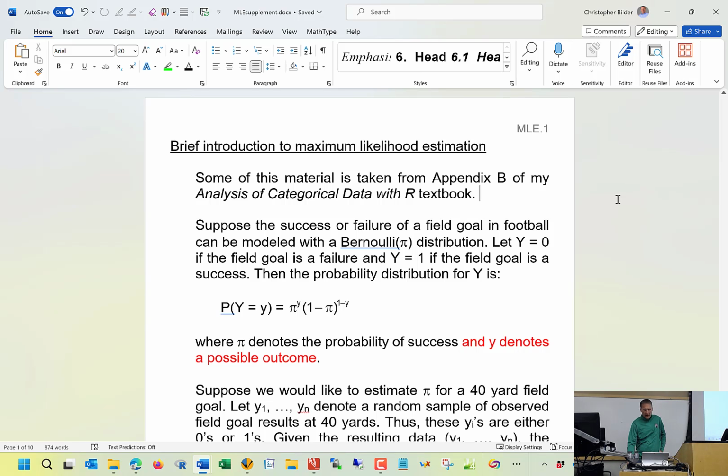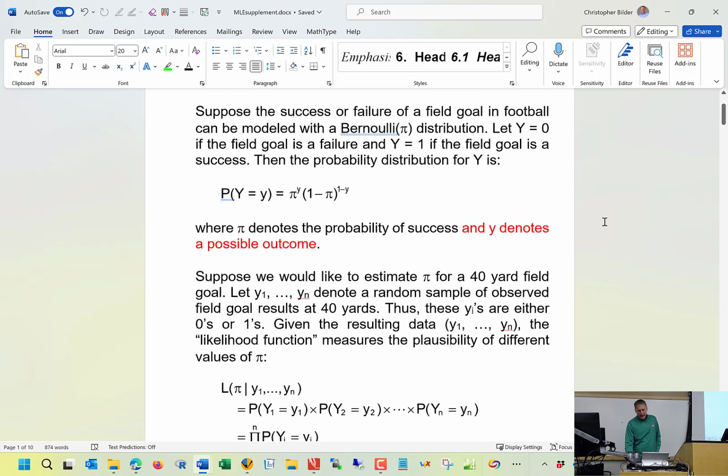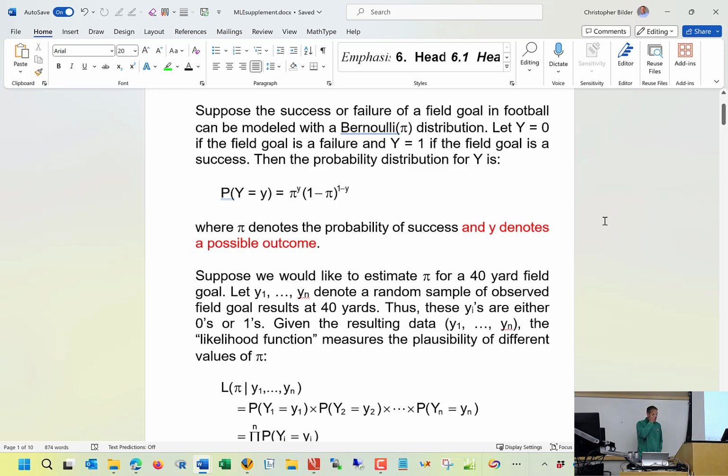And the way that I often like to introduce maximum likelihood estimation to students is through kind of an intuitive example. And this deals with the success or failure of a field goal. Now, in your very first stat course, you'll learn about a probability distribution called a Bernoulli probability distribution that's used in situations where you essentially have two possible outcomes for your random variable, which we often say is a success or failure.